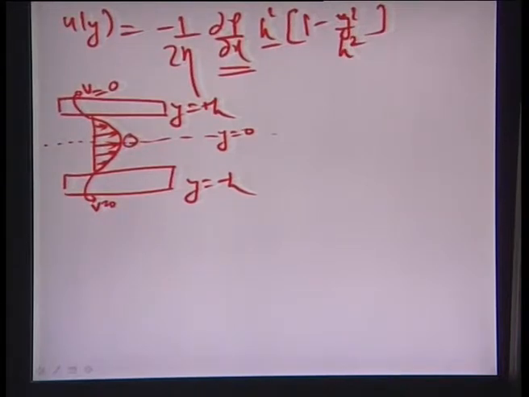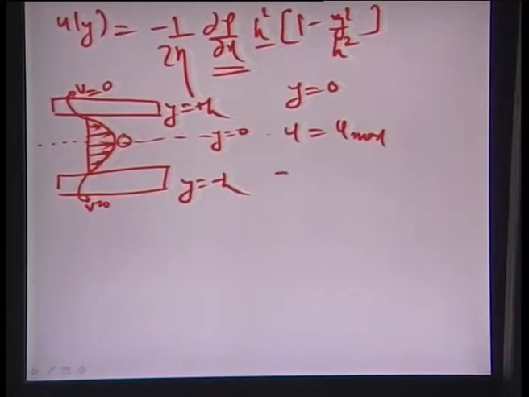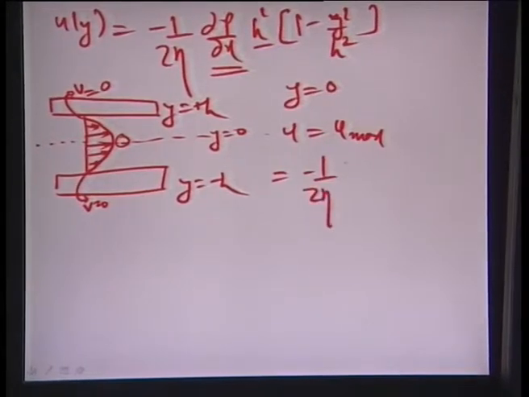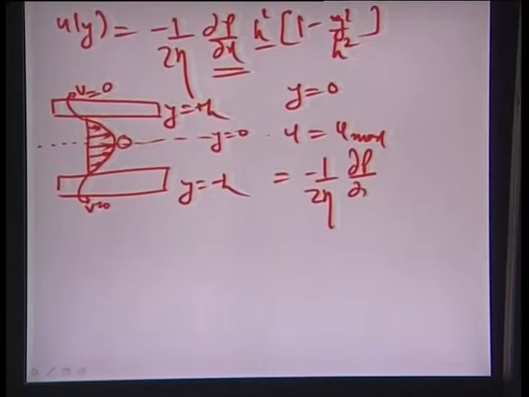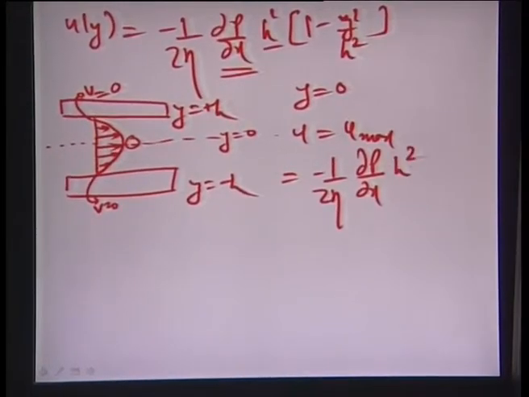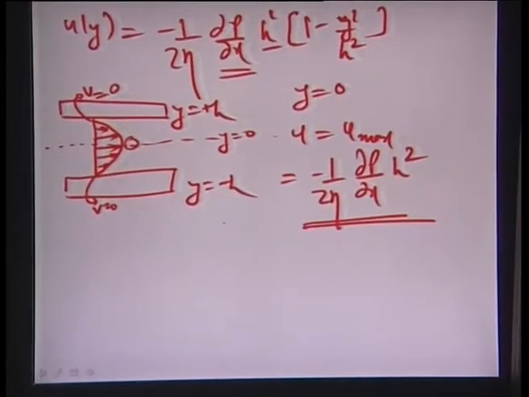If y = 0, u becomes u maximum, which is -(1/2η)(dp/dx)h². This is the maximum velocity that one can have in such a channel flow.